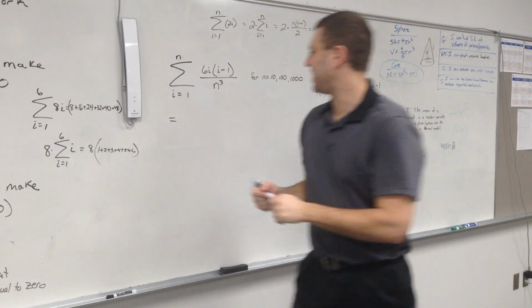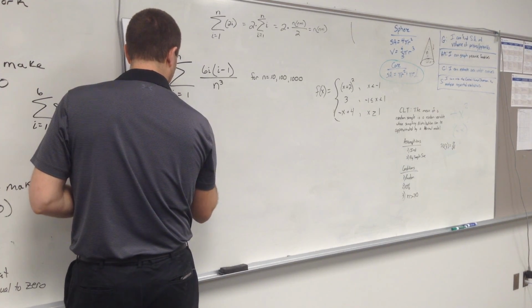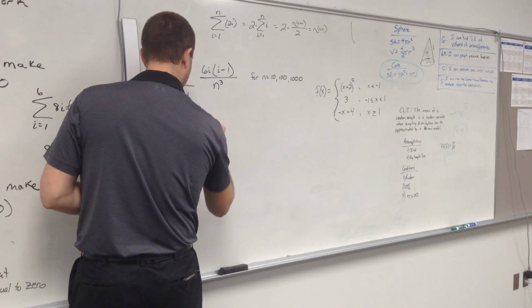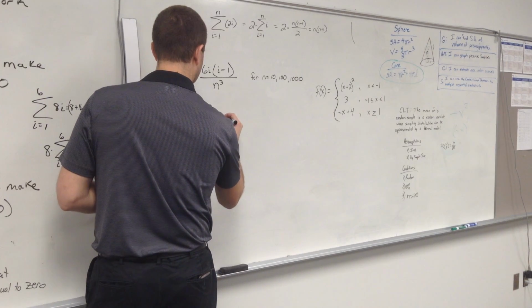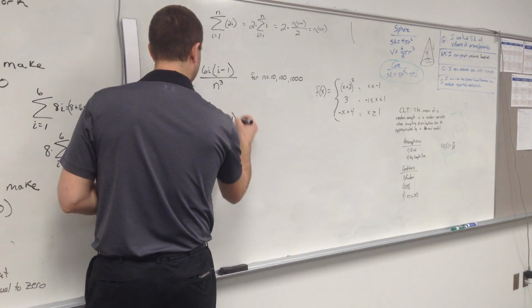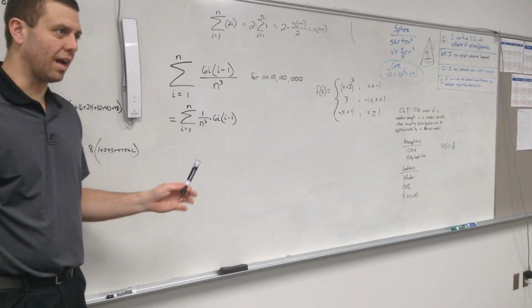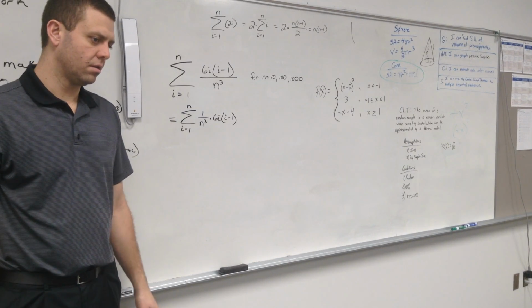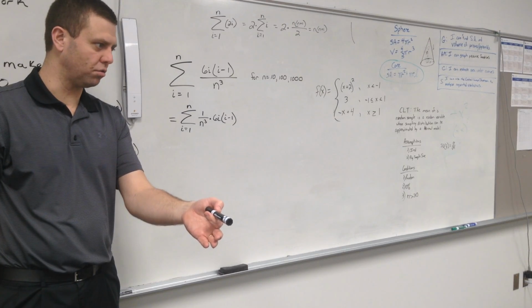But what I'm trying to get at is I could envision this as 1 over n cubed times 6i times (i minus 1). And then where can I move that 1 over n cubed? Out to the front, because it's kind of like that k value I showed you in the property.